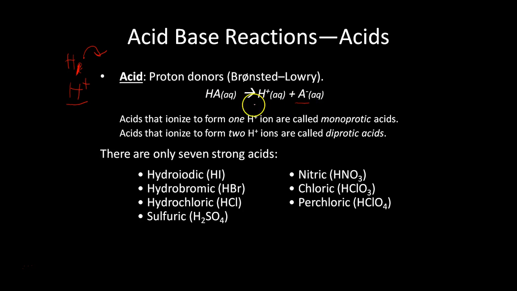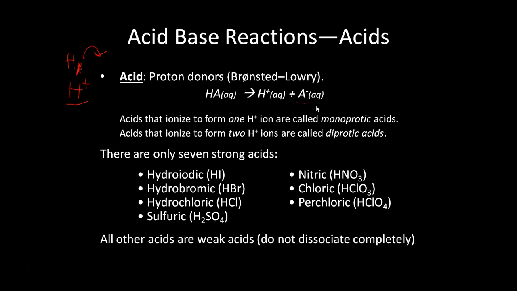But most of them would actually stay in this form, so this reaction does not go to completion. In other words, most of it is in this form, and some of it breaks apart into these two forms. Those are what are called weak acids, the ones that don't completely ionize or protonate the solvent. So weak acids are all the other acids, and they are the ones that do not dissociate completely.